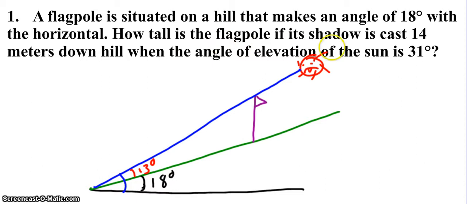How tall is the flagpole if its shadow is cast 14 meters downhill? So I'm going to say that this, let's use purple. So this right here, the purple, that is the shadow. So I know that that is 14. So we are trying to figure out how tall is the flagpole. X. Alright, so that's a picture.